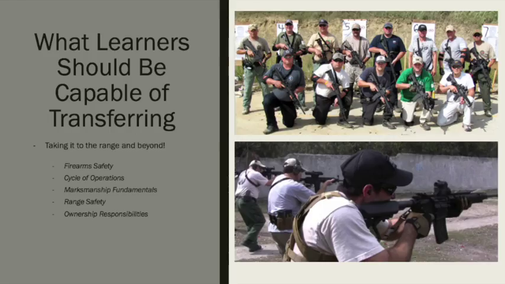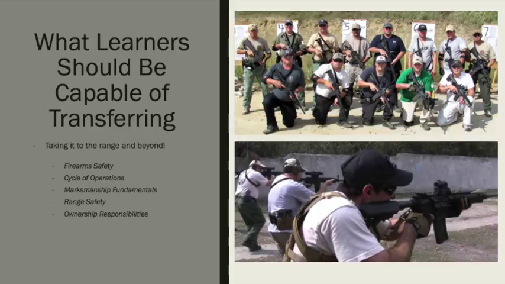The transfer stage concerns itself with what learners should be capable of transferring, or taking to the range and beyond. Again, we hit firearm safety because the underlying concepts, the applications specific to the AR-15, all move forward and go across a wide variety of weapons as you're handling them in the field or on a firing range. The cycle of operations is a concept that applies to all weapon systems, semi-automatic or automatic.